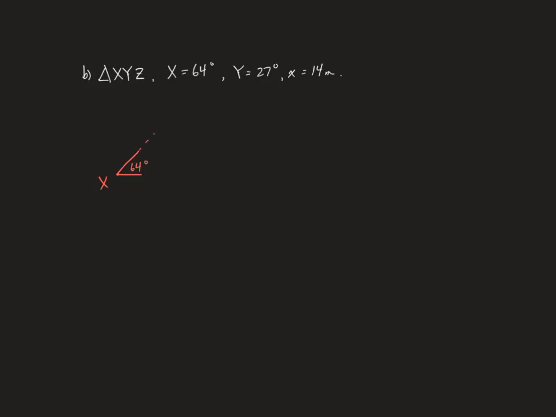Now, again, I know that those rays could have any length to them. The other property I know, and I'm going to jump down to the fact that I was given a corresponding side, is that side X, if it was 14 meters, and I'll just call it that, has to exist opposite angle X. That means that angle Y would have to be at the end of one of those rays.